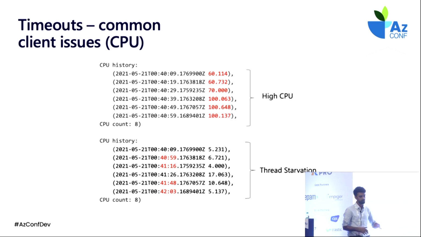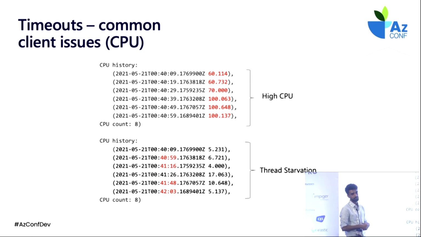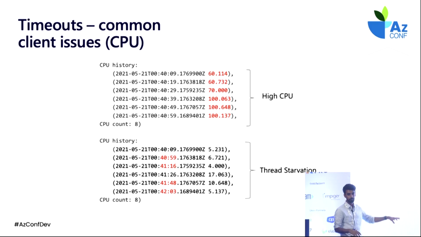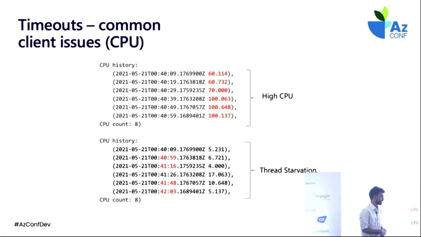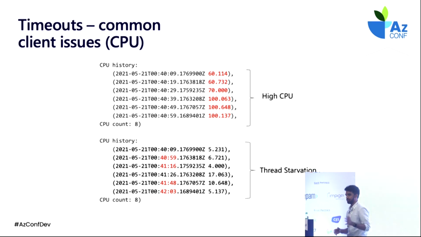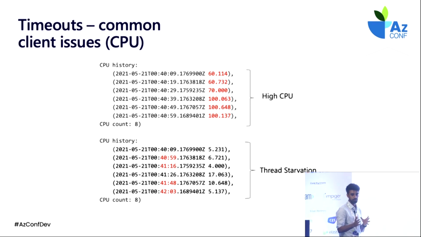The second one is thread starvation, which is mainly because when multiple connections are created, you can identify from the CPU history, this must be in a gap of 10 seconds. But if it's 10 milliseconds, or more than that, something is fundamentally wrong.